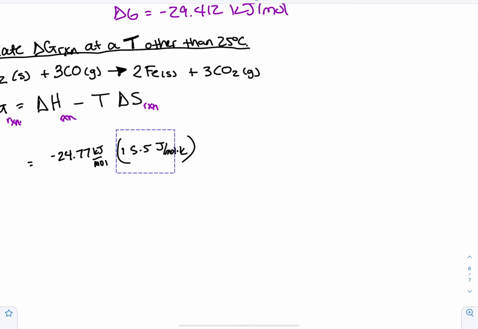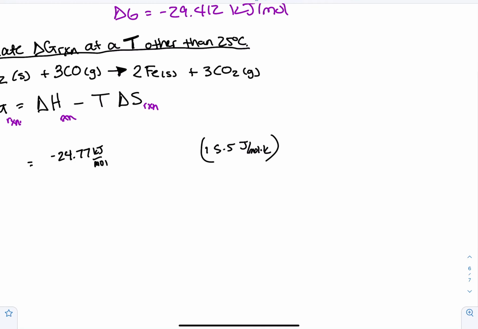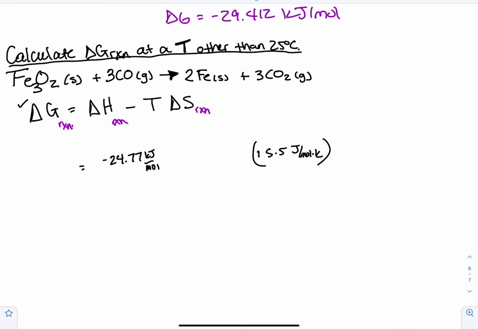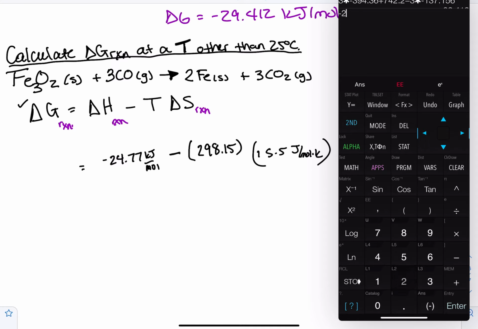Now I got to scooch these over just a little bit, maybe a little more, to get my T term in. So we're going to check this at 25, but then I'll show you can use it for other values too. So negative, and then the T value at 25, that's 298.15 Kelvin. And this is the equation that we're using. And so we're going to say negative 24.77 minus parentheses 298.15, parentheses closed, times parentheses 15.5.